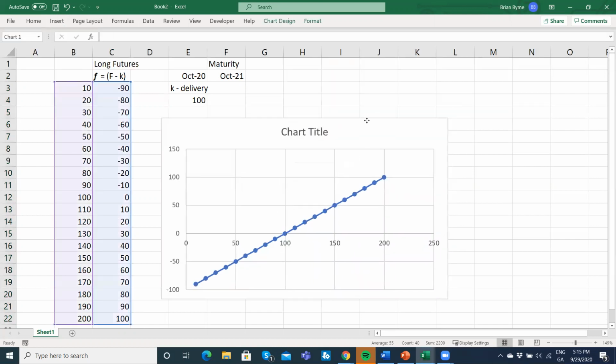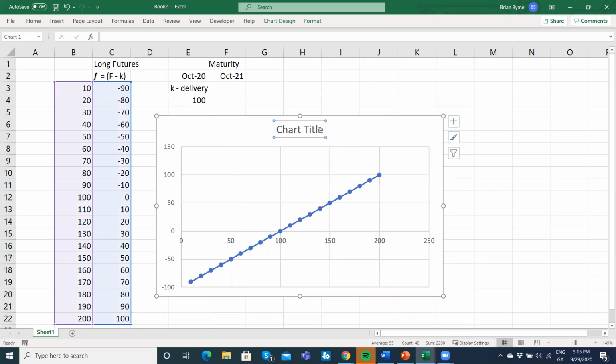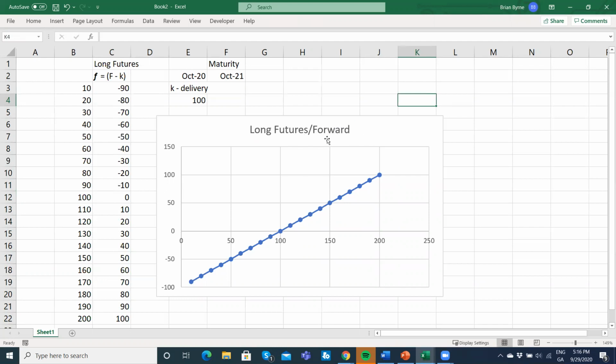So what we have here, very basically, is the payoff chart for a long futures or forward position. Forward and futures are basically the same, except one trades on an exchange and the forward position trades OTC.